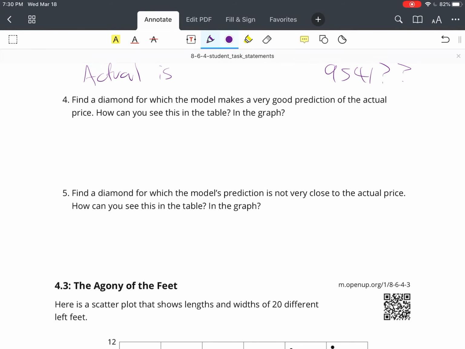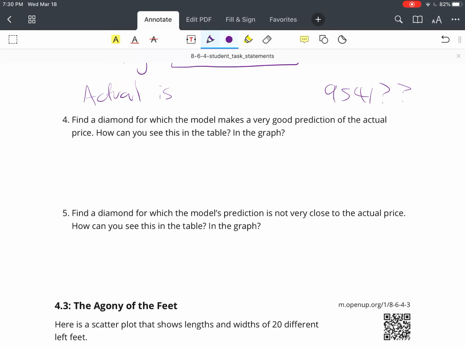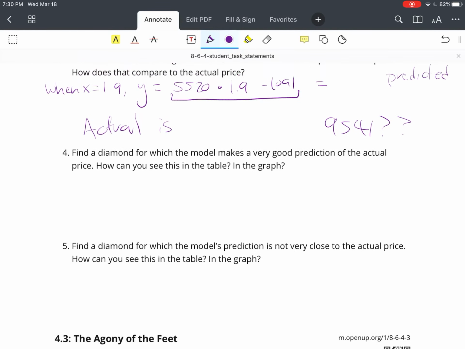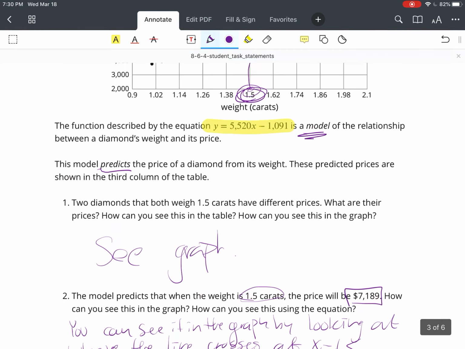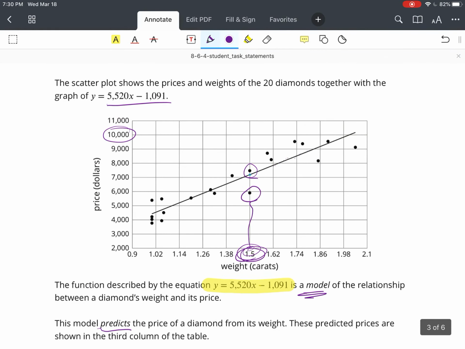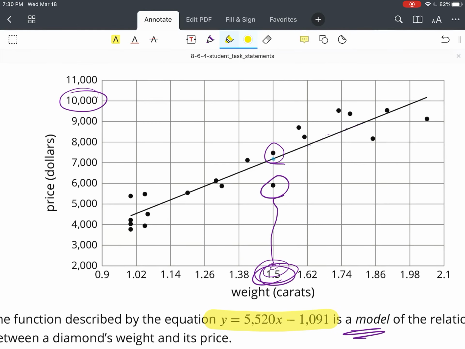Find a diamond for which the model makes a very good prediction of the actual price. How can you see this in the table or in the graph? So what they're asking us to do is find one where it matches. So you're looking for these points right here, the ones that are on the line.